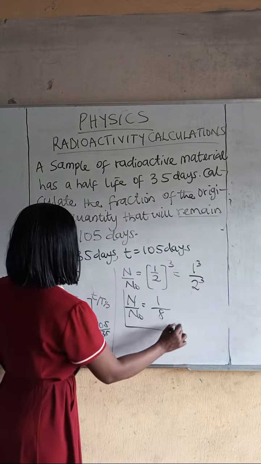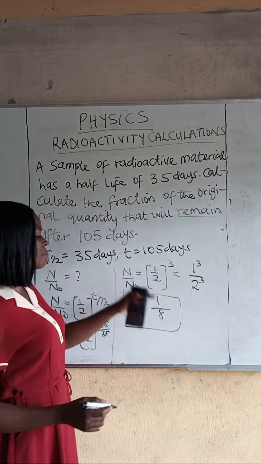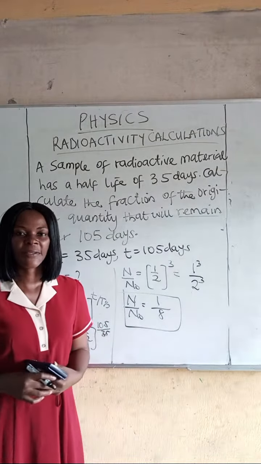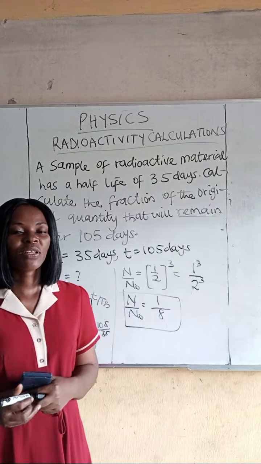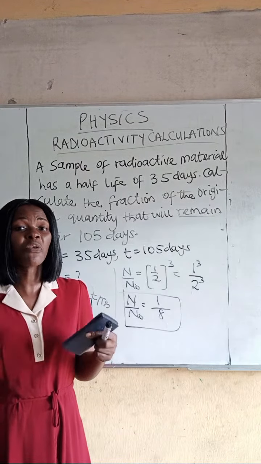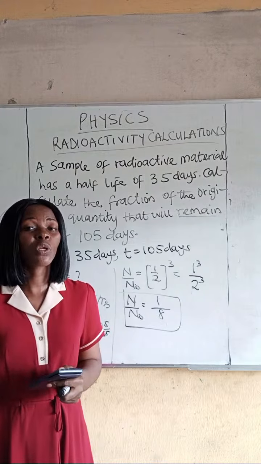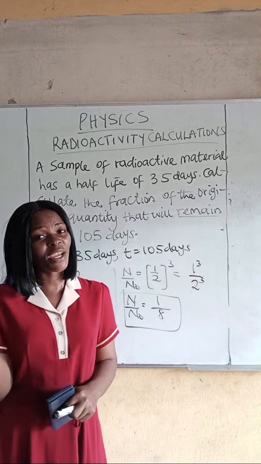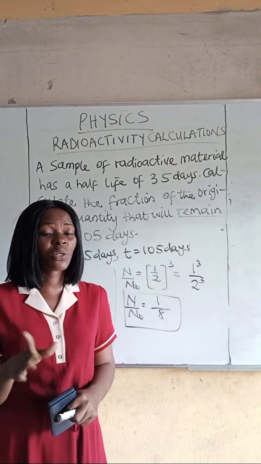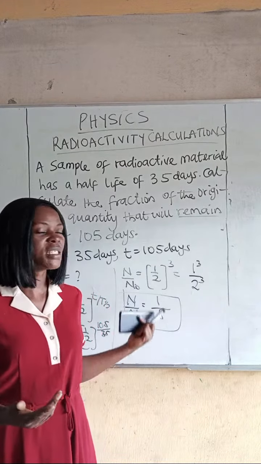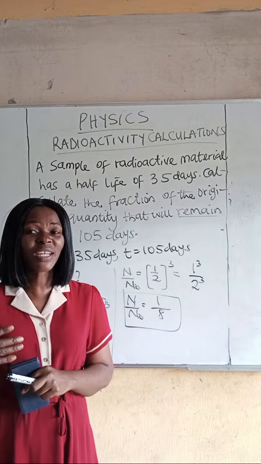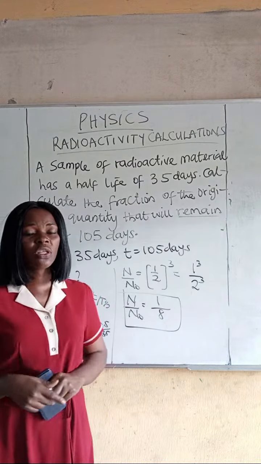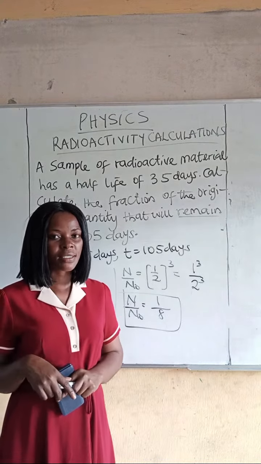So the fraction that remains is 1 over 8. But if you want the fraction that has decayed, since this is a fraction, you say 1 minus what you have. Since this question asks for the fraction that remains, 1 over 8 is the fraction remaining. I hope you get it right.